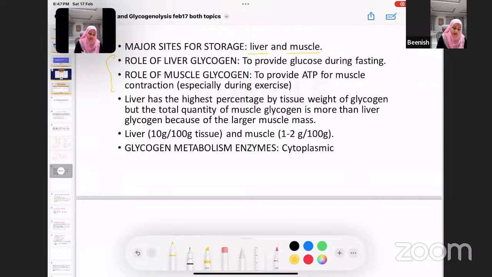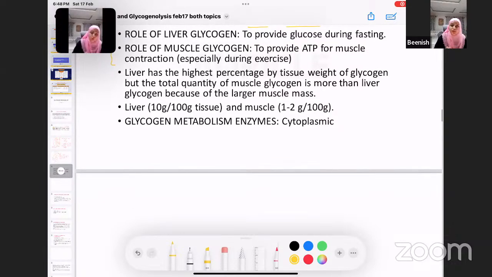Now, the liver has the highest percentage of glycogen by tissue weight, but the total quantity of muscle glycogen is more than liver glycogen because of the larger muscle mass.